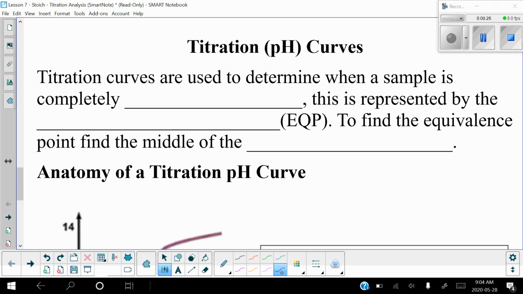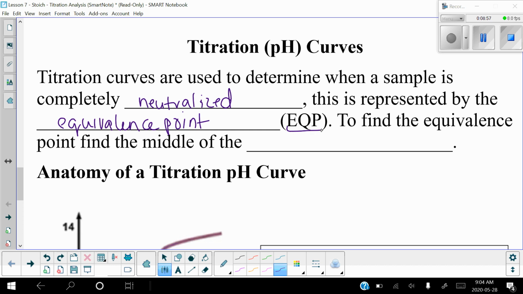Titration curves are used to determine when a sample is completely neutralized. This is represented by an equivalence point. Or for short, EQP.